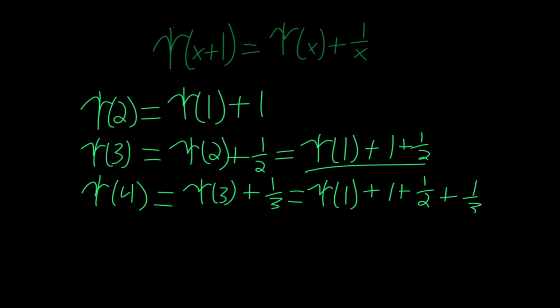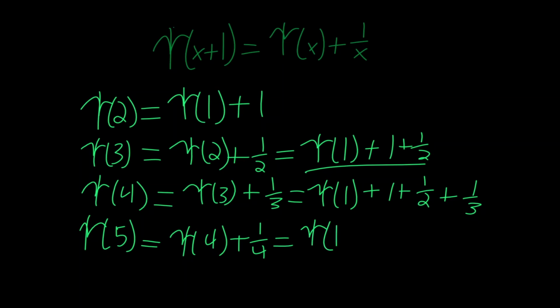And now to really hammer home the pattern here, we can have digamma of 5, which is equal to digamma of 4 plus 1 over 4, which, substituting everything in, we see is just equal to digamma of 1 plus 1 plus 1/2 plus 1/3, and then finally plus 1/4.